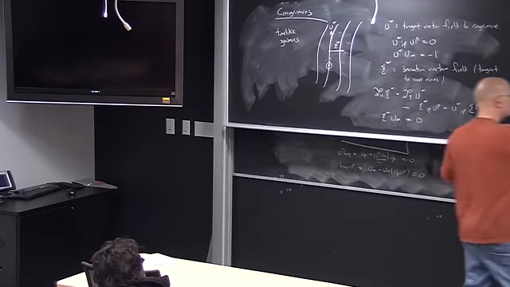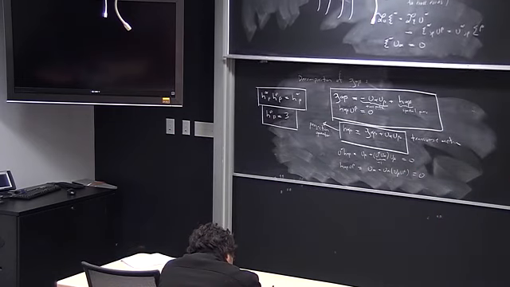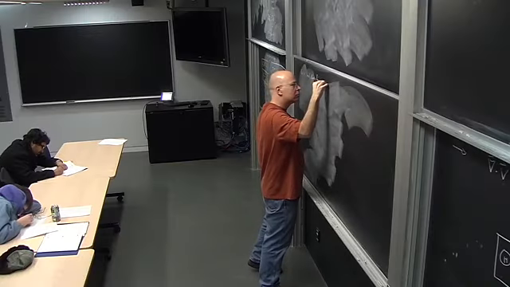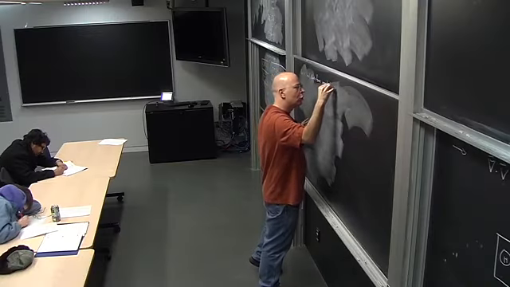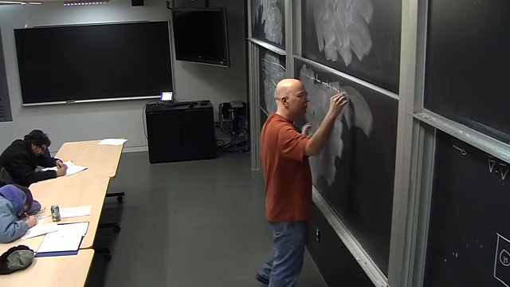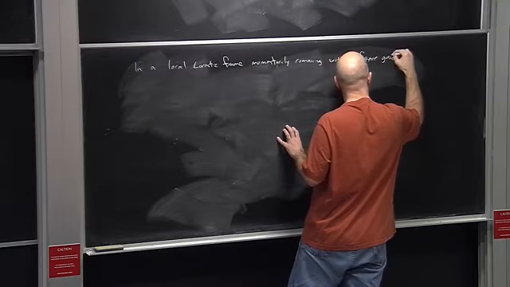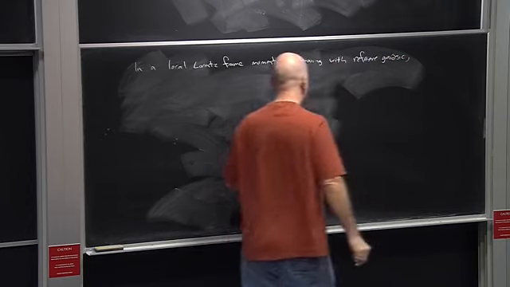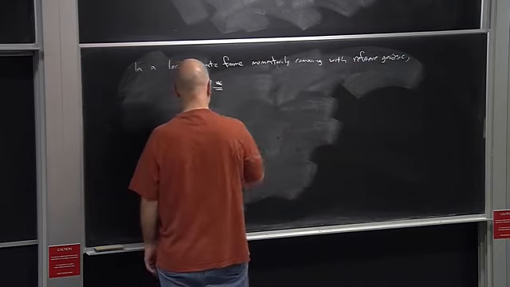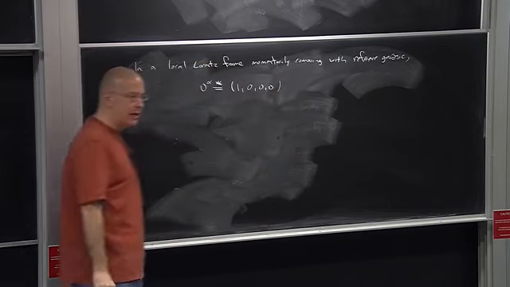So in a local Lorentz frame, momentarily co-moving with the reference geodesic, we know that in that special frame, the velocity vector is going to be pointing purely in the time direction in that frame.